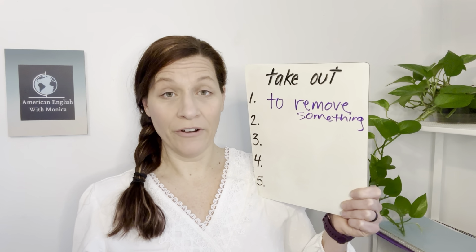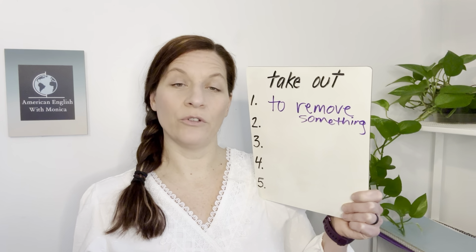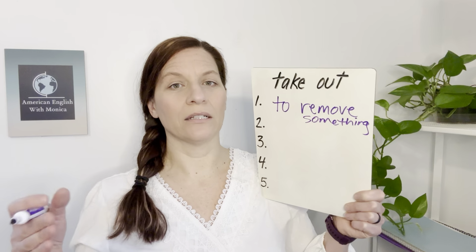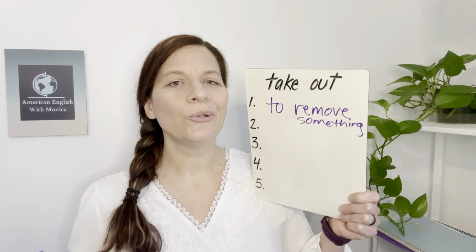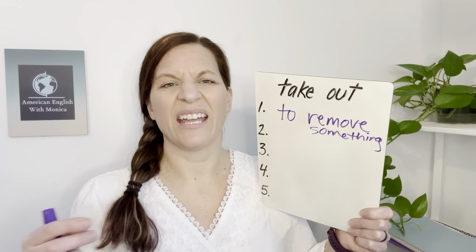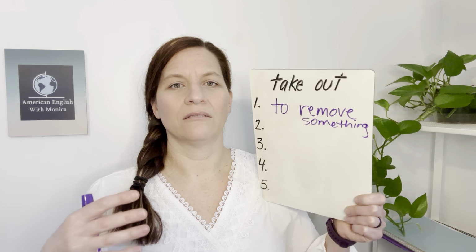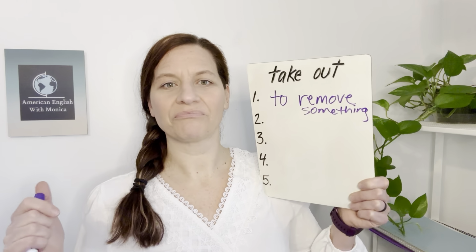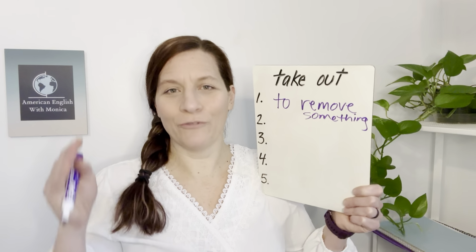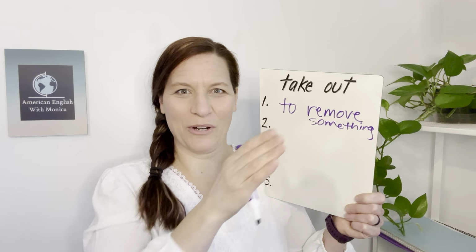Now, it is a phrasal verb, to take out, to buy food from a restaurant and eat it somewhere else. But we often use it as a noun instead. It's just faster to say, I want some takeout. It's a noun. It means I want some food from a restaurant that I will eat somewhere else.